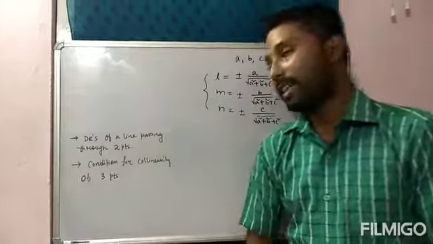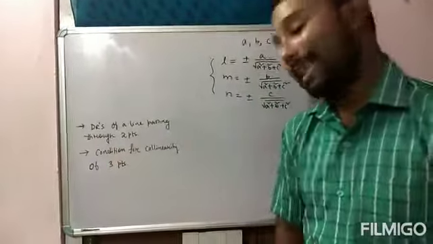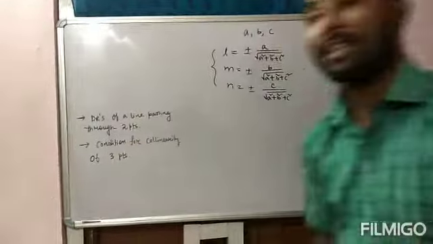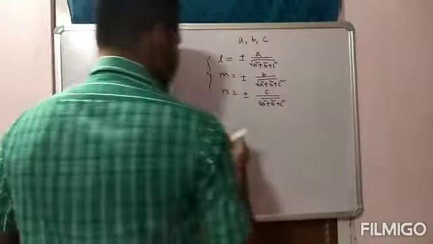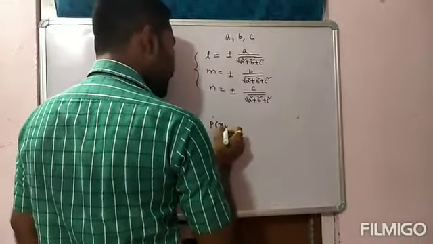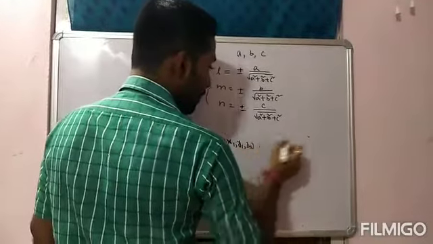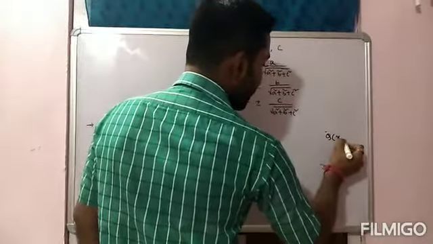So the next point is direction ratios of a line passing through 2 points. अभी डायरेक्शन रेशियो कैसे फाइंड आउट करना है जब 2 पॉइंट दिया रहता है. Whenever 2 points will be given, मैंने तो डायरेक्शन कोसाइन के बारे में बताया, अभी डायरेक्शन रेशियोज कैसे फाइंड आउट करना है वो मैं बताऊंगा.